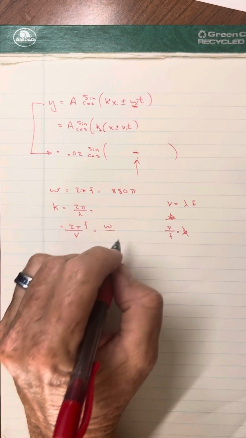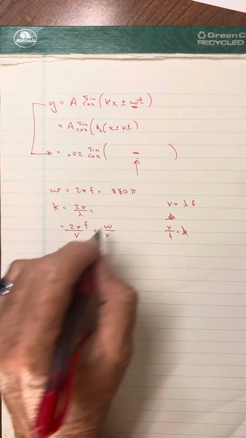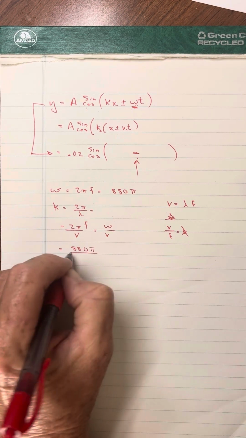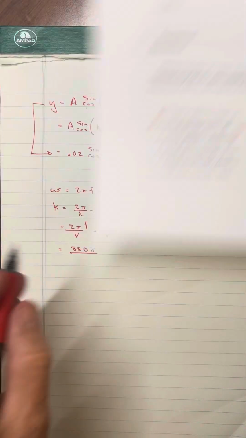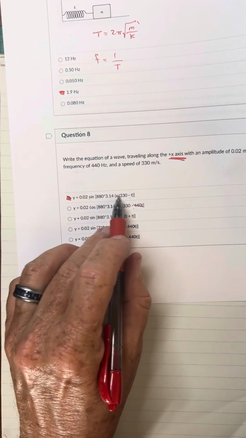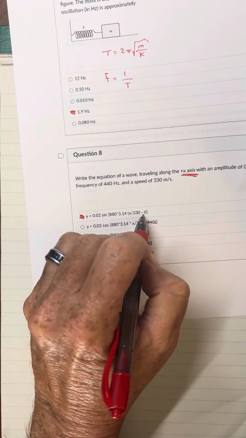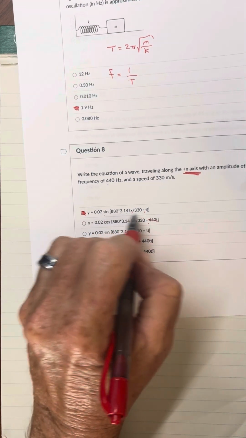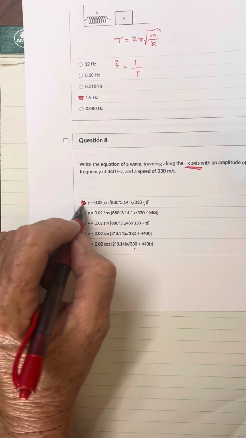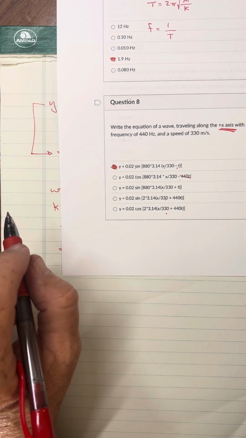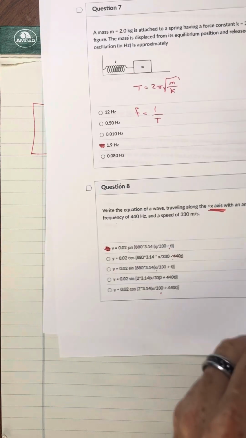So this would be the omega over the v. And as we just said, the omega is the 880 pi. And the velocity was given as 330. And I think that fits right here. Yeah, when you do the distribution, there's the 880 pi going with the k, and then divided by velocity. So it's got the negative sign. It's got the right coefficient in front of the x and the right coefficient in front of the time. And so, again, it works perfectly. So I guess it's A there for the answer. Nice.